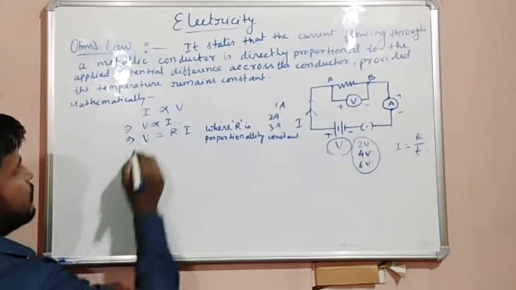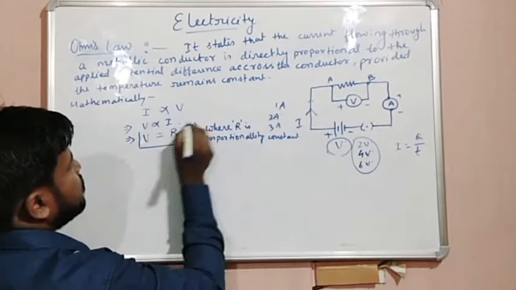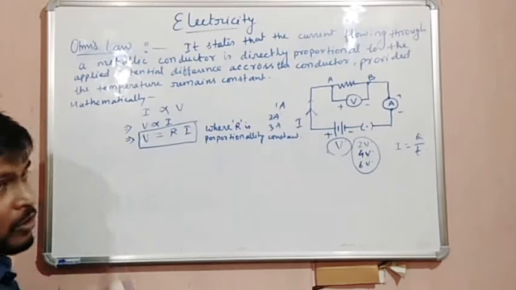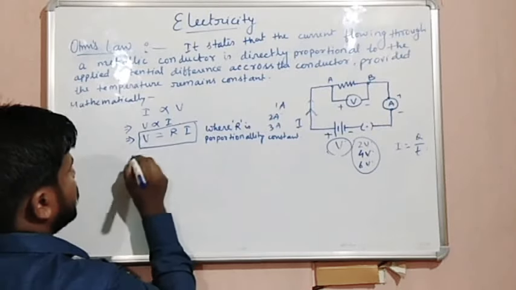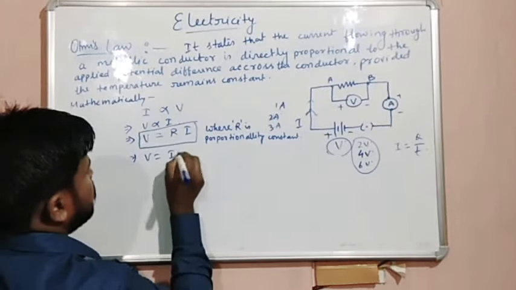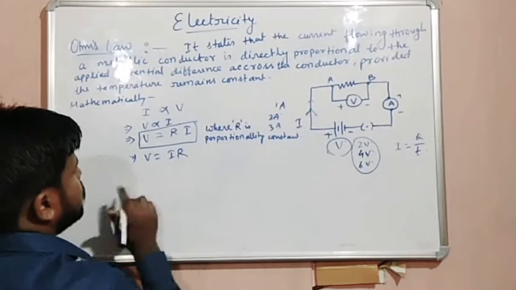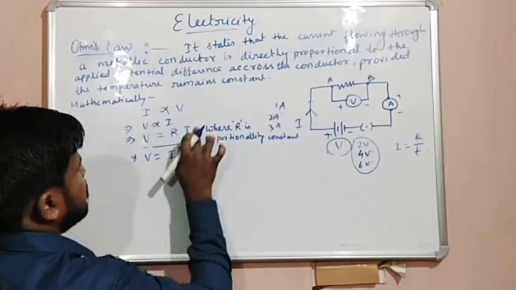So this is the mathematical formula of Ohm's law, the main formula of Ohm's law: V is equal to IR. So we can write it as V is equal to I into R. I am making this as the main.